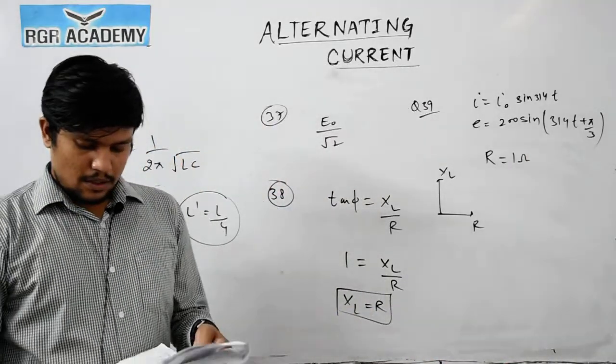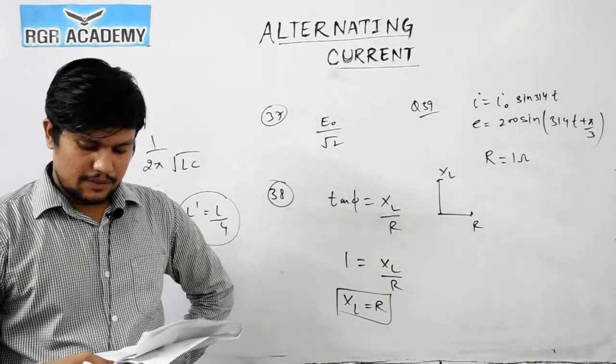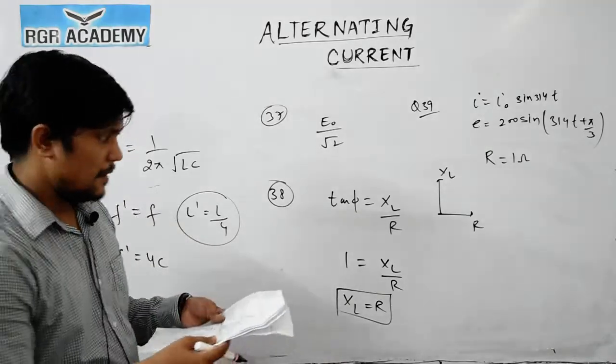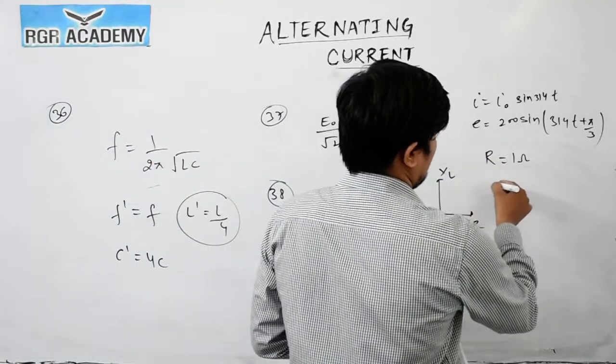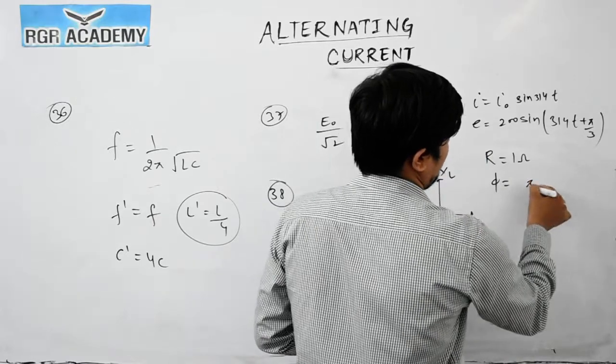To calculate reactance, first of all see the phase difference. The phase difference is given as pi by 3.